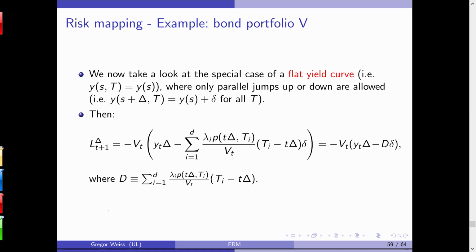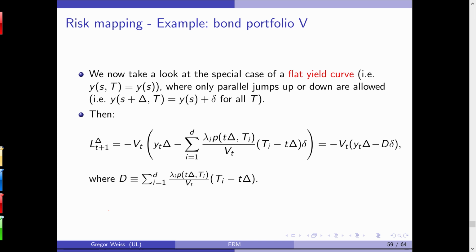The linear loss is given by minus Vt times the partial derivative of the yield times delta, minus the sum of lambda i, that is the number of bonds in the portfolio, times the price over the total value of this investment, times Ti, the maturity of this particular bond, minus T, times capital delta times delta.